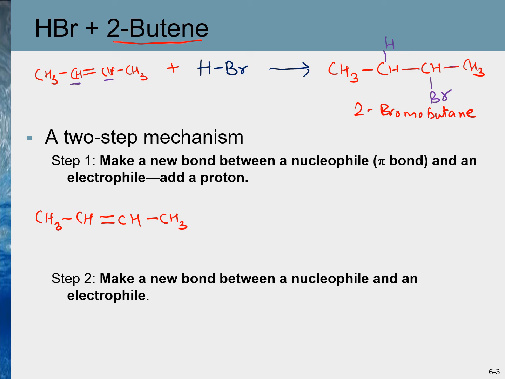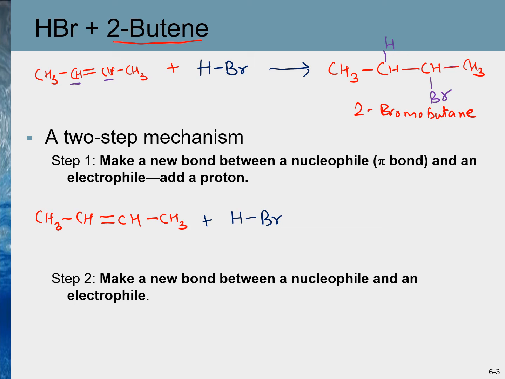So the alkene will attack the electrophile. The electrophile is HBr, the electron sink. So the alkene is the electron source and HBr is the electron sink.